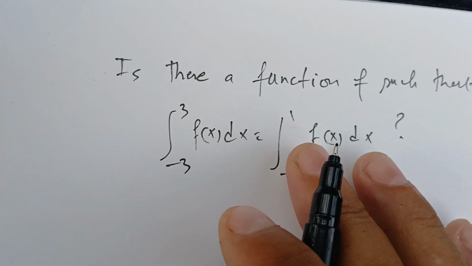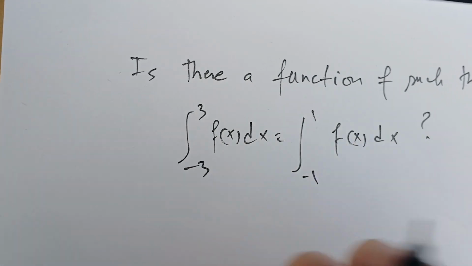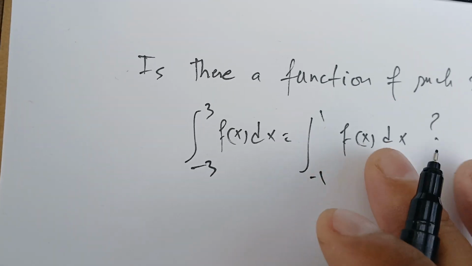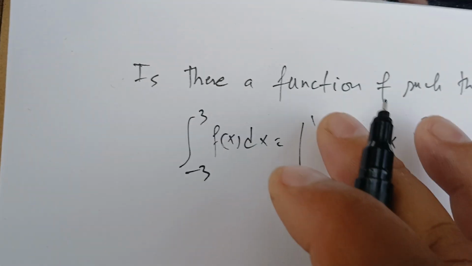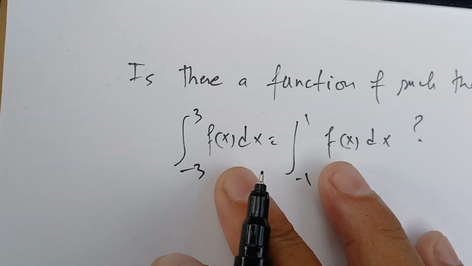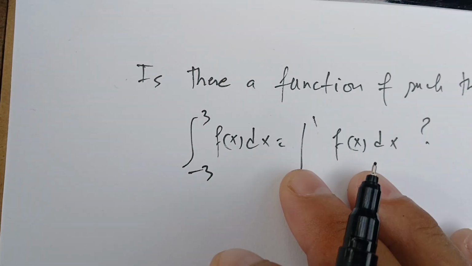And the best option is we can read the question. So here we see that we have a function that we can integrate between -1 and 1, and the same function that we can integrate between -3 and 3, and the two integrals are equal.